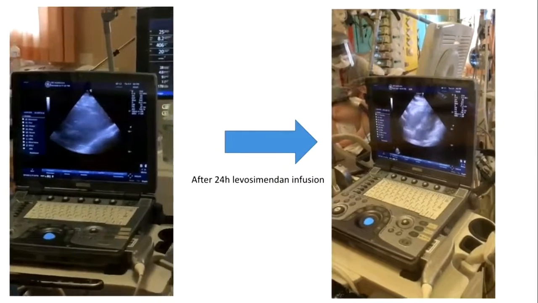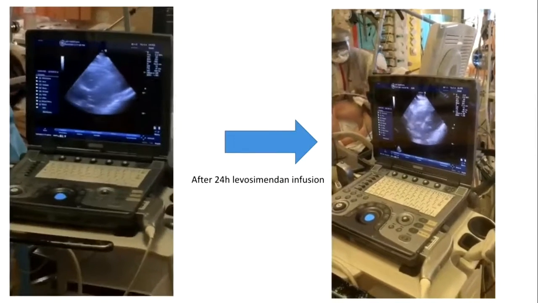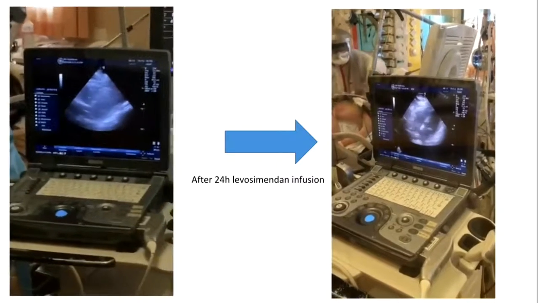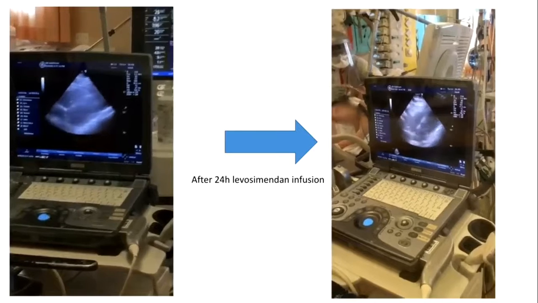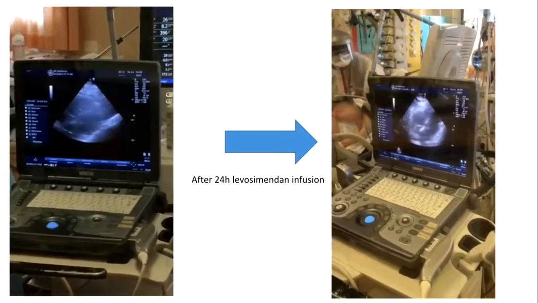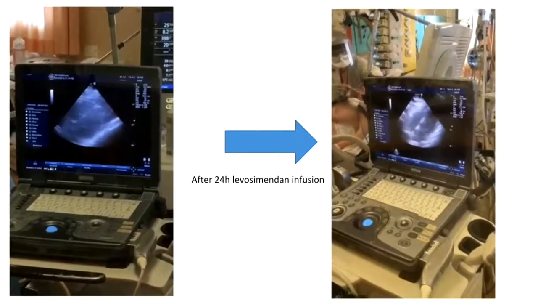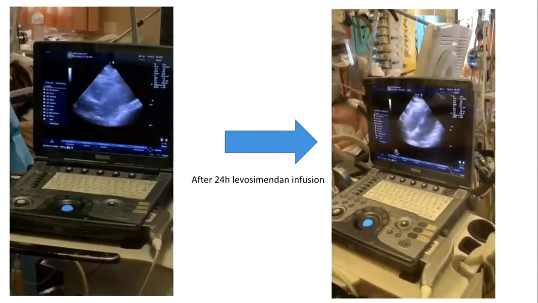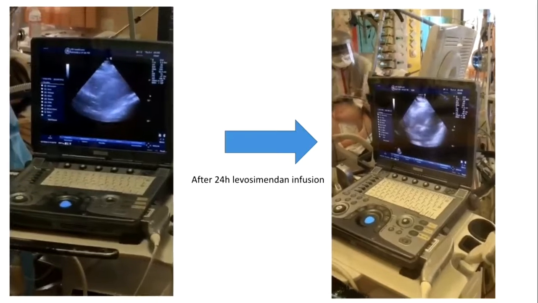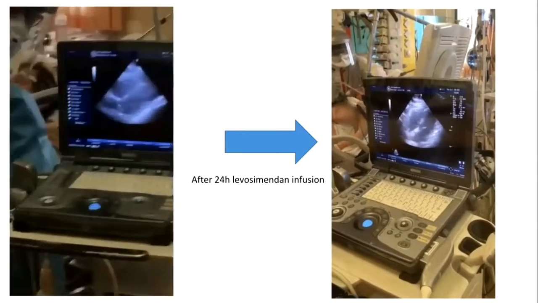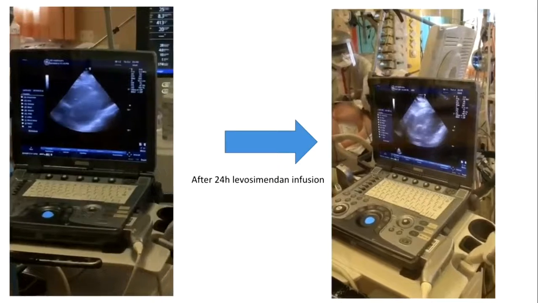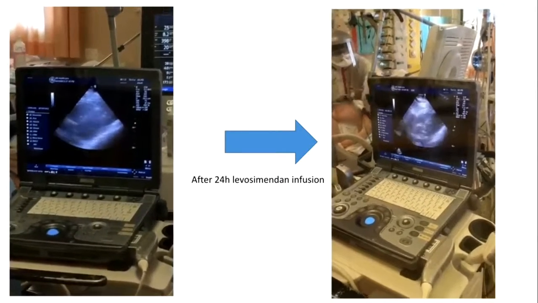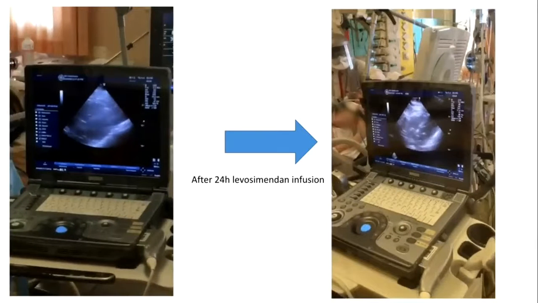You see in these patients, who had no previous history of heart disease, that it presented immediately after intubation. So the damage was not due to ventilation, with right ventricular enlargement with an impact on hemodynamics, and that resolved with restoration after 24 hours of levosimendan infusion.